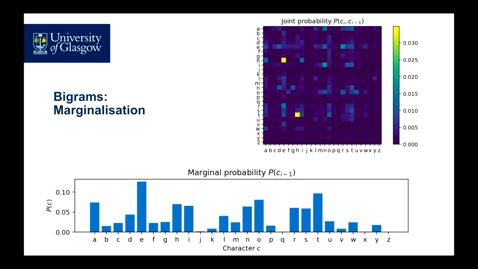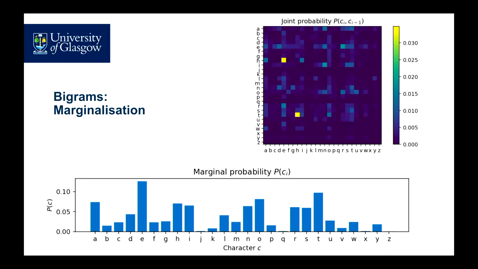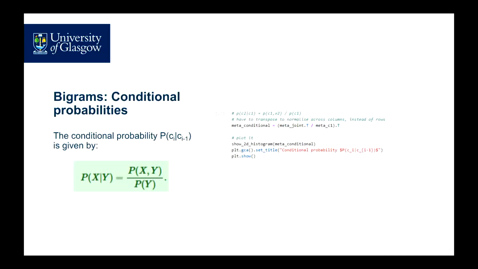If we do this, we end up with a distribution for each character that is very similar to the probability we calculated before when we looked at unigrams instead of bigrams. So not much to see there. But the point of marginalization in this case is that it gives us a way to calculate the conditional probability, because we already have the joint one. If we also have the marginalized probability, we can then calculate this ratio.